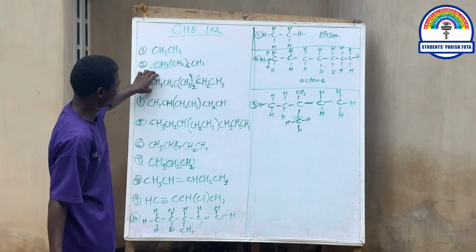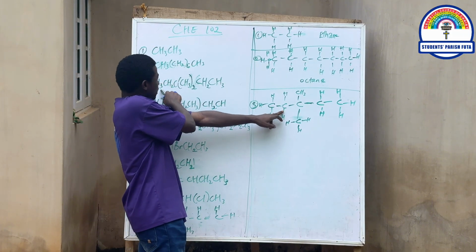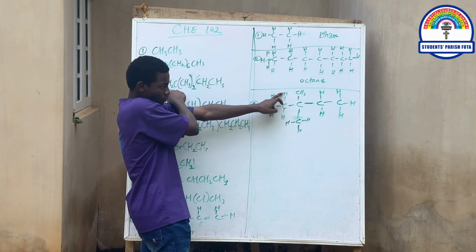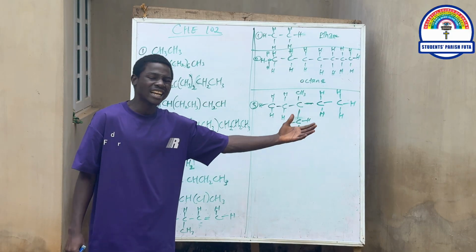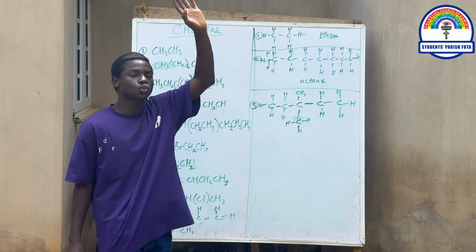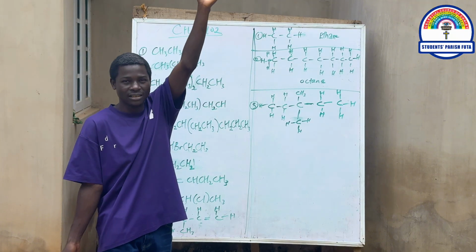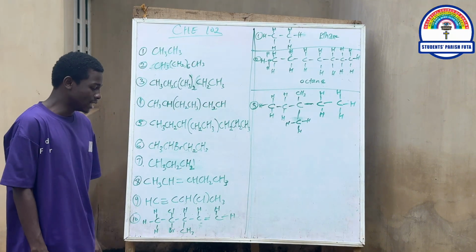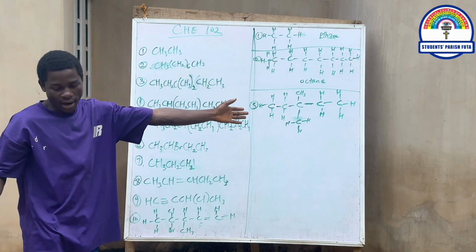So what did I do? CH3, a bond to link to this C, link to this C, and it has H2. A carbon atom, provided it is not at the start or at the end, only has 2 bonds. It only has 2 hands for bonding. Except if it is at the last side, that is when it has 3 hands for bonding: the one that links it, up, down, and the other hand.